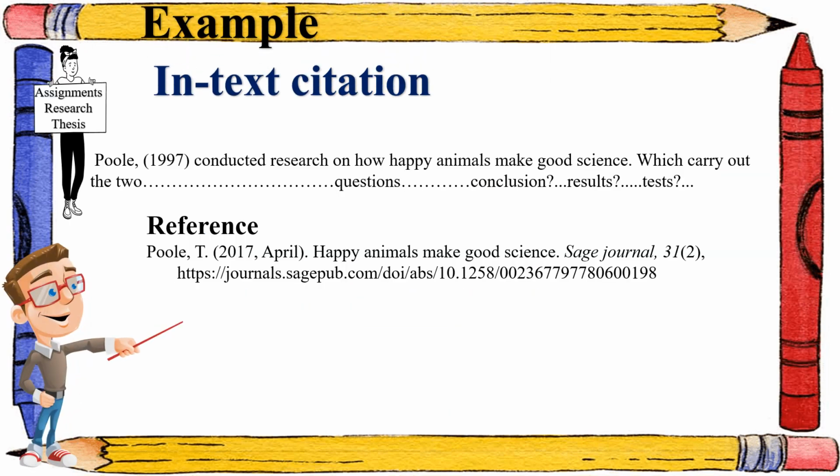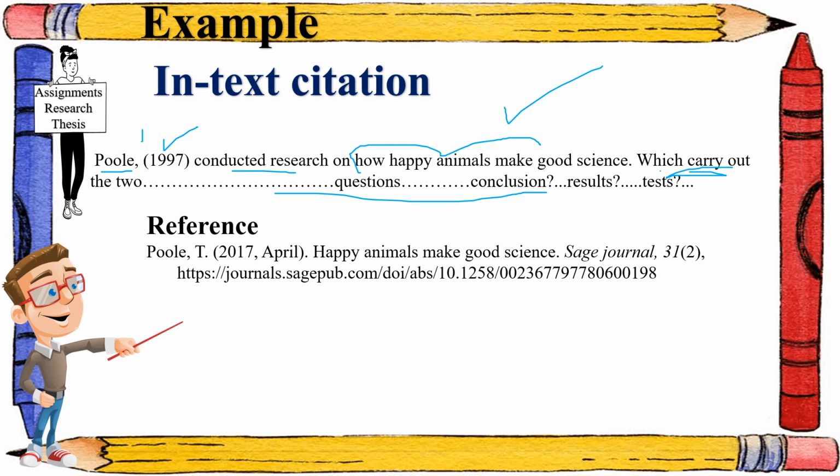This is the in-text citation. This is the way to mention the author's name, the format to mention the author's name in a paragraph written in the literature review or introduction part. First you write the last name of the author, then a comma, and then the year of publication, then conducted research on the topic on which he has conducted the research, which carried out, and then write all the findings or what he has done in his respective research paper.